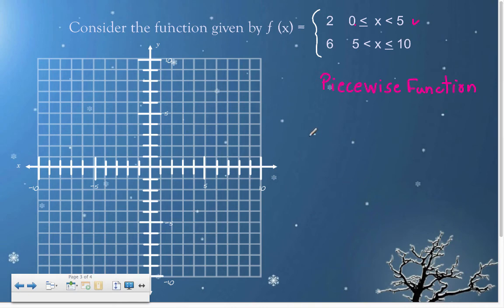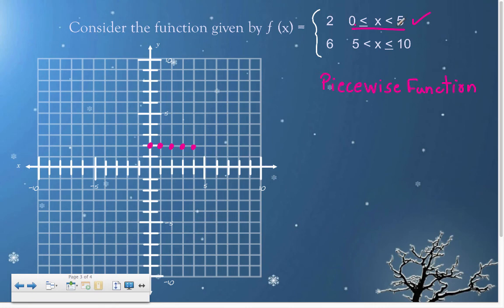Okay, this first piece right here is telling us to pick numbers from 0 all the way, but not including 5. And anytime we pick a number in this realm, the answer is 2. So if I pick 0, my answer is 2. If I pick 1, my answer is 2. If I pick 2, 3, or 4, my answer is 2.